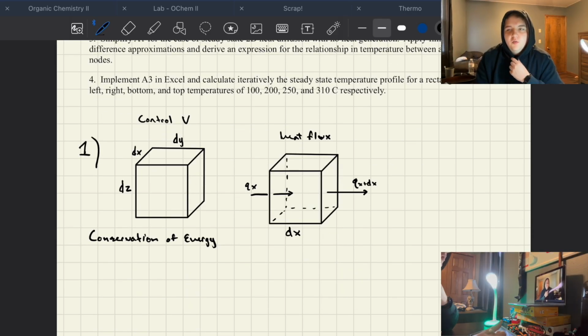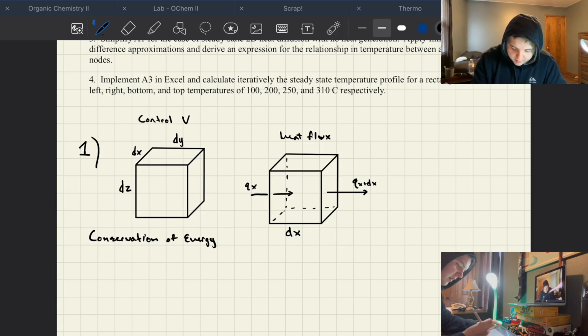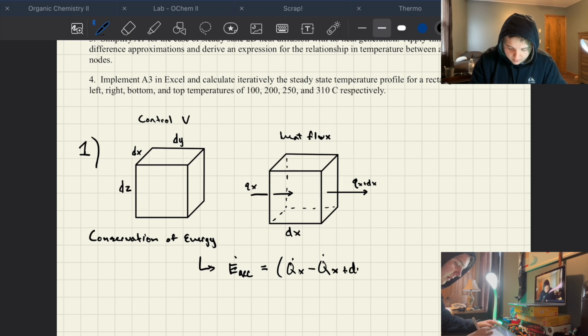Okay, now to do the conservation of energy. So let's draw it over here. We're going to have our energy accumulated equal to our qx minus kind of what we're doing up here. I'm just using caps so it's easier. We might not have enough room.